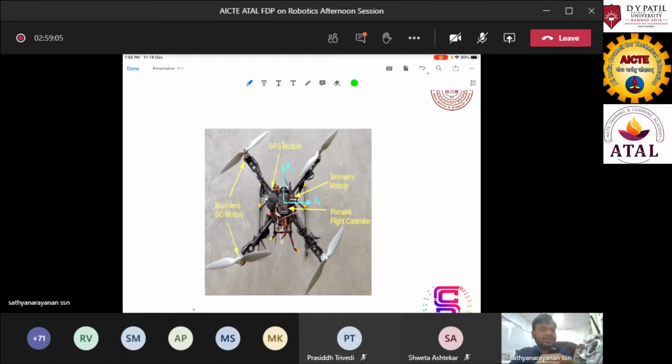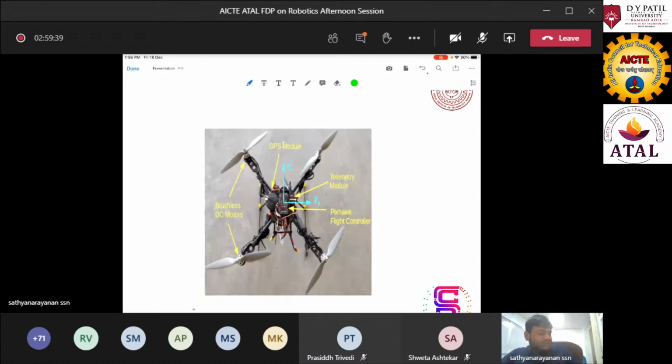There are a lot of switches here to change the mode, like if you want to control the position, or if you want to control the attitude or orientation. Based on that, you will change the mode. One stick is used to lift it, and left and right you can do the yaw movement, and the other stick is used for roll and pitch. So such things are there, and those are important.